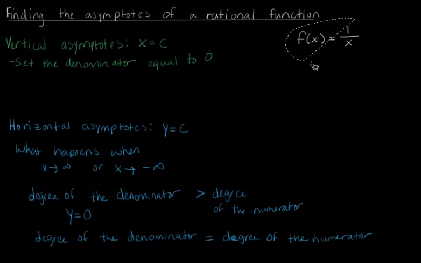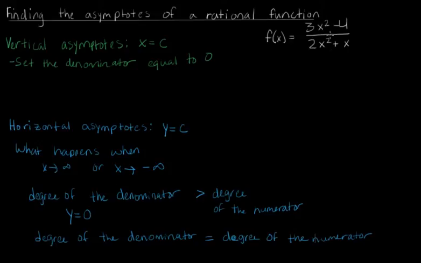So for example, if we have f of x equals 3x squared minus 4 over 2x squared plus x. Let's just say, so this is our rational function, and the degree of the numerator is 2 and the degree of the denominator is 2.